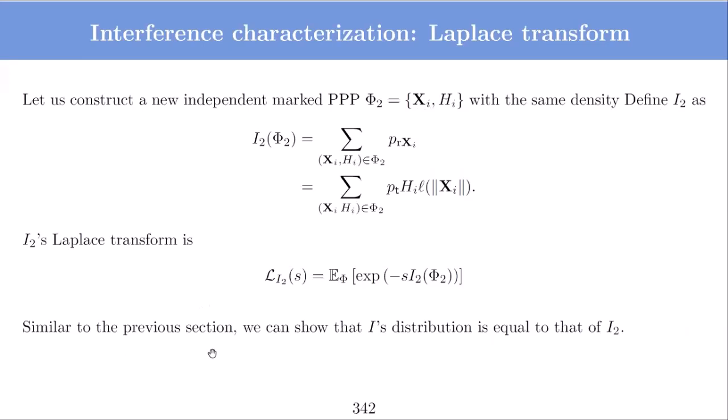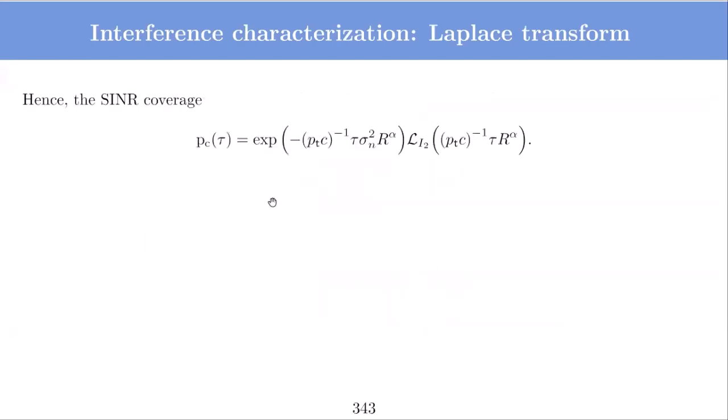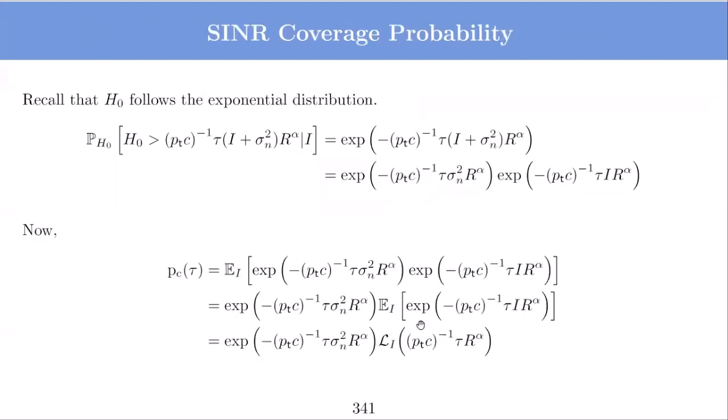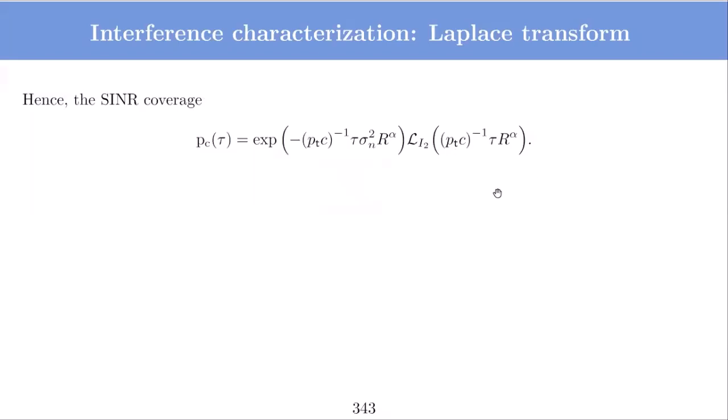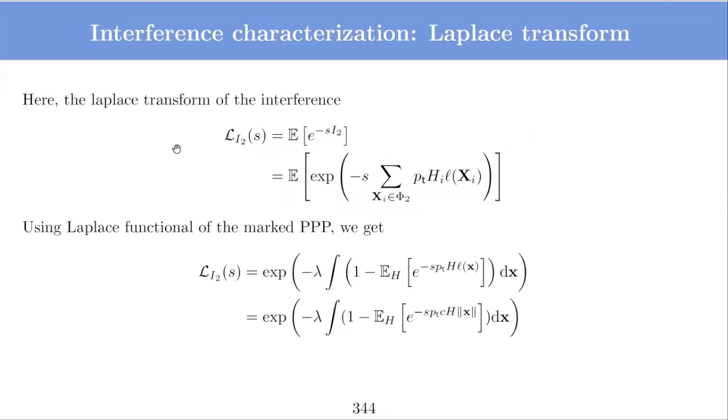Similar to the previous section, you can show from the Slivnyak theorem that the distribution of I, conditioned on a point, the interference from the rest of the points, is the same as the interference from an independent PPP. Okay, so the distribution of I is the same as I2. So now I can replace the Laplace transform of I by the Laplace transform of I2.